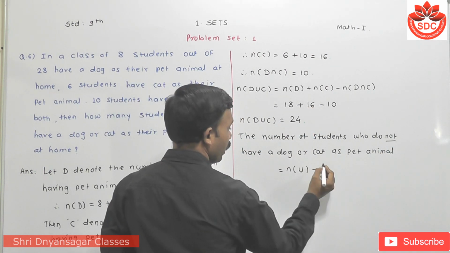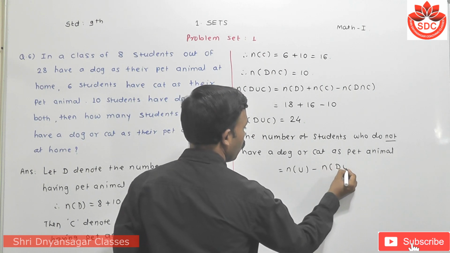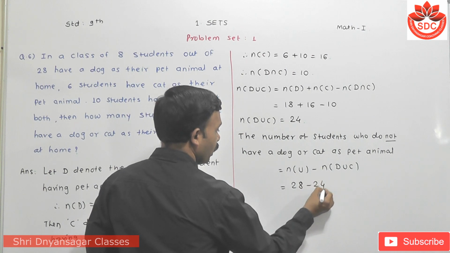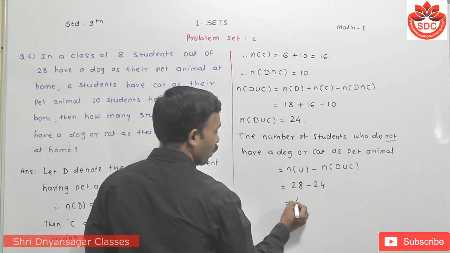So subtract its union, that means n of D union C, equal to how much? 4.